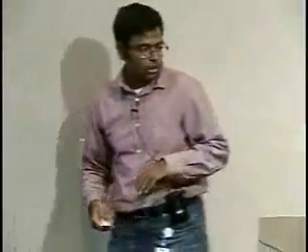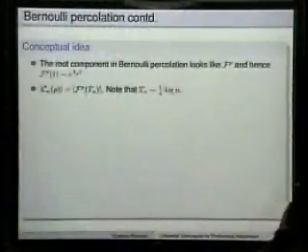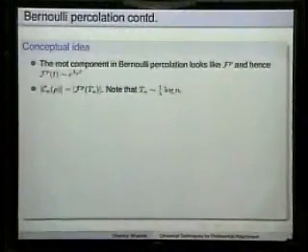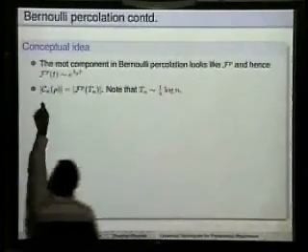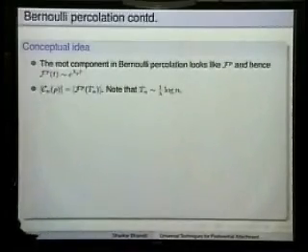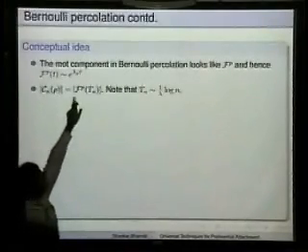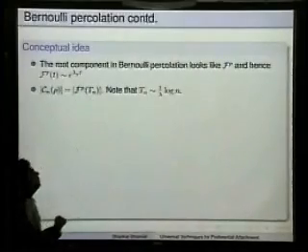So the basic conceptual idea is the root component essentially looks like this pruned percolation branching process. If you look at the size of the percolation component at the root, it basically looks like this branching process observed up to time tn.